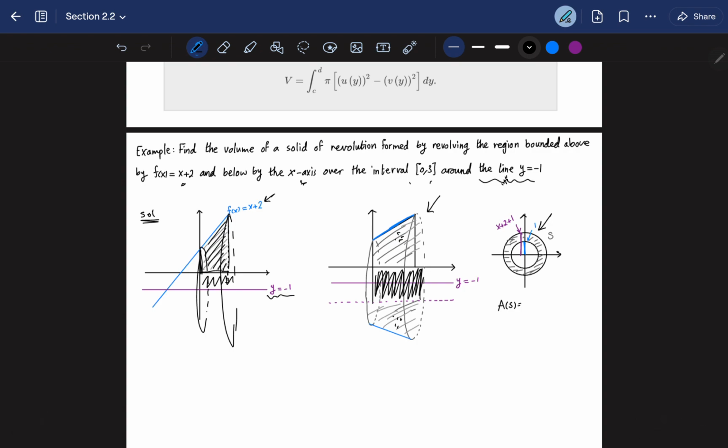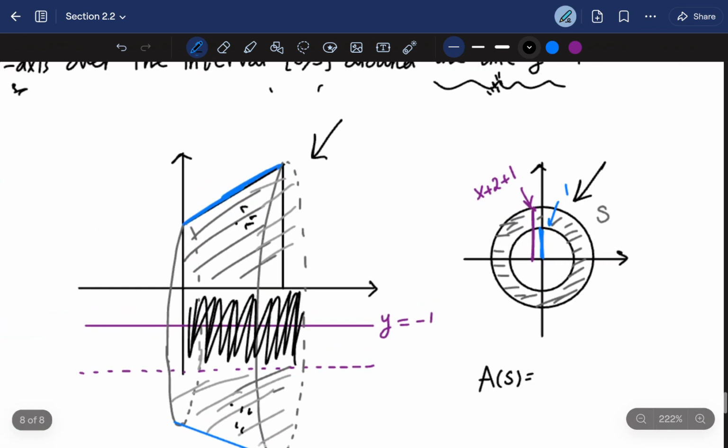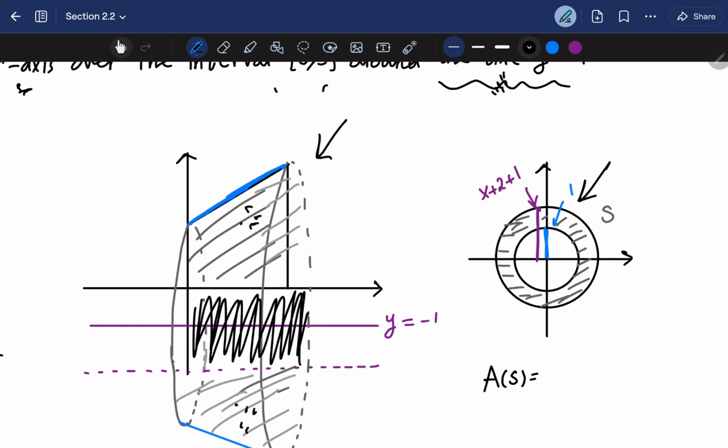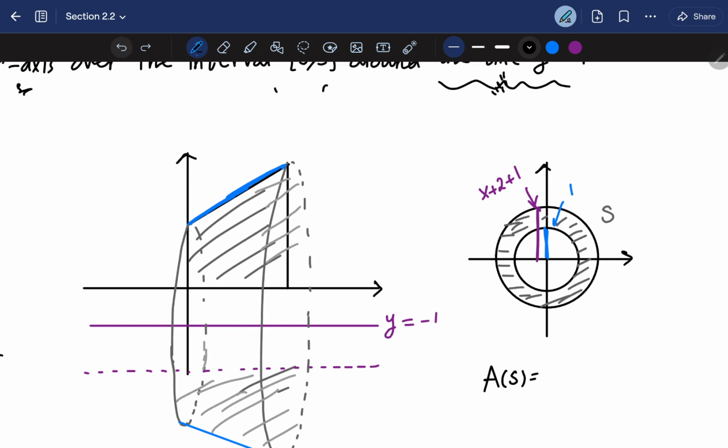But here, the only thing different is that if we want to find the radius, it's not going to be directly our function. Let's look. This is the big circle. This is my center, and if I want to take the radius, I'm going to take it up to the end of the circle.